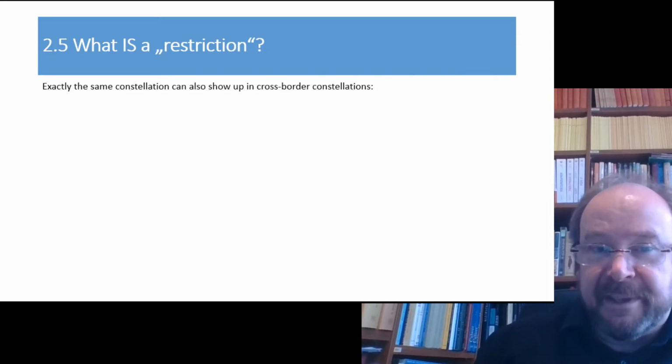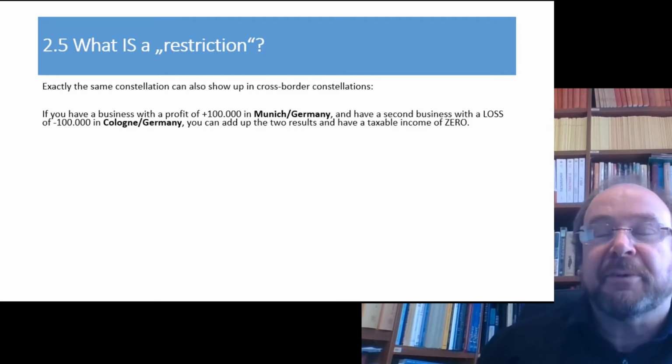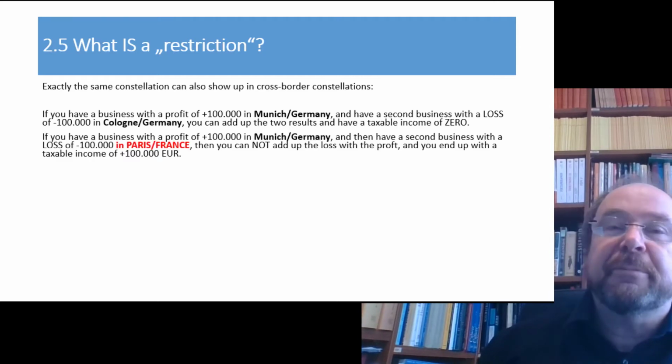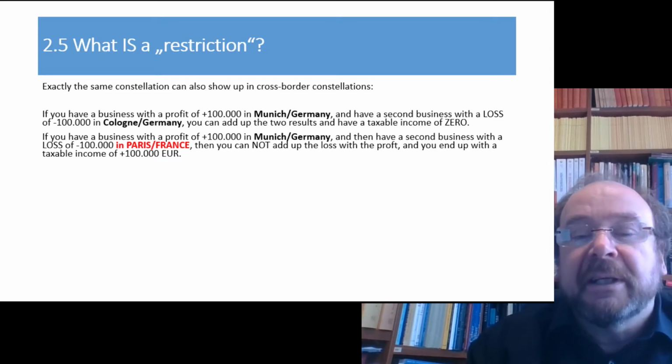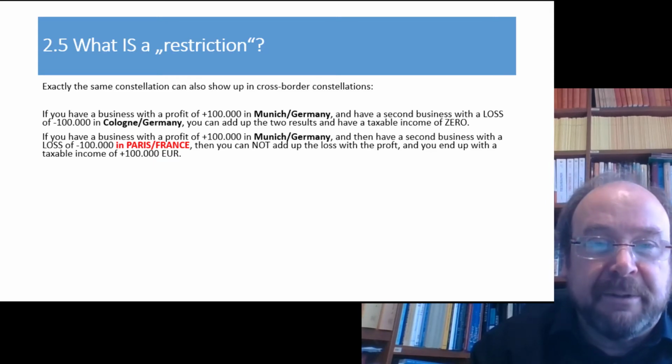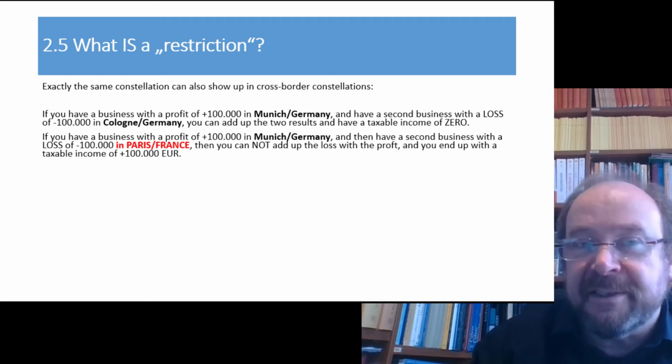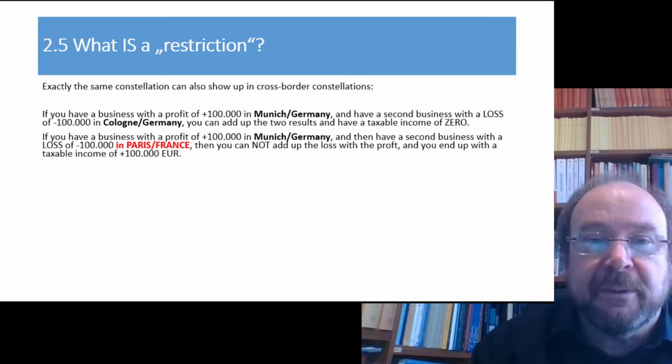So exactly the same constellation can also show up in cross-border constellations. For example, if you have a business with a profit of plus 100,000 in Munich, and you have a second permanent establishment, a second business with a loss of 100,000 in Cologne, you can add up the two results and have a total taxable income of 0, so no taxes this year.